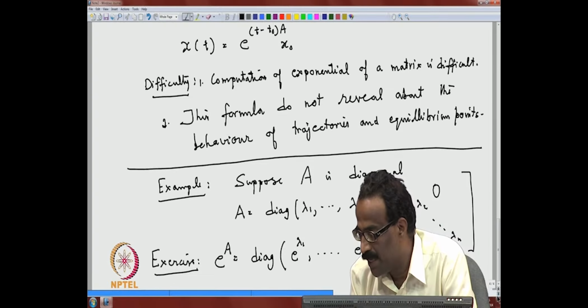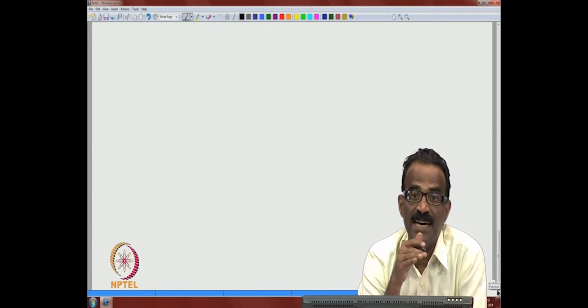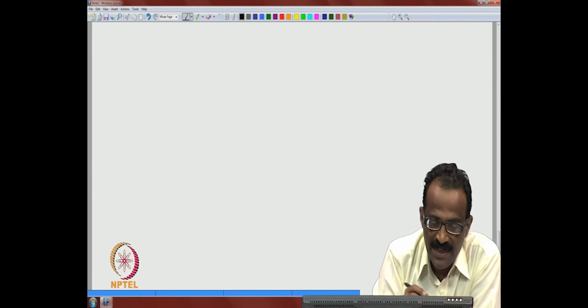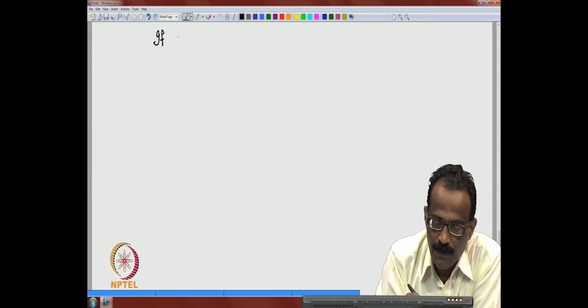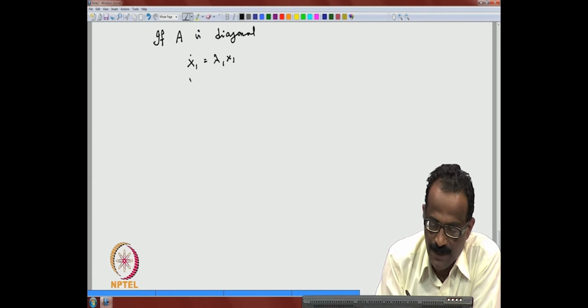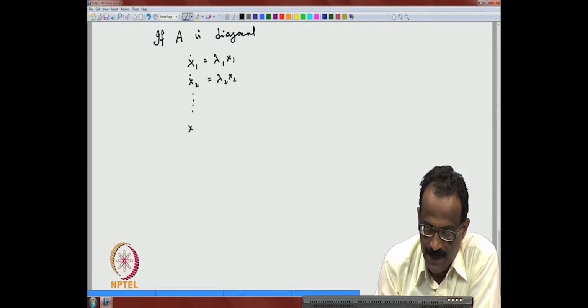But what does it mean when A is diagonal as far as our linear system is concerned? Diagonal just says that x1 dot is equal to lambda 1 x1, x2 dot is equal to lambda 2 x2, and if you rewrite the system, xn dot is equal to lambda n xn.